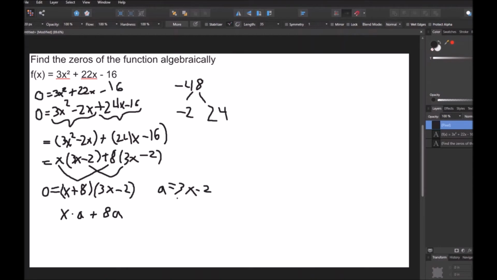And then if I rewrite what a actually is, that's x times 3x minus 2 plus 8 times 3x minus 2, which is exactly what we have up here.